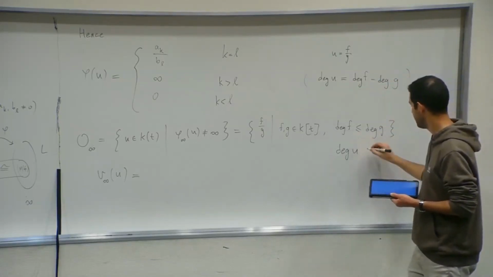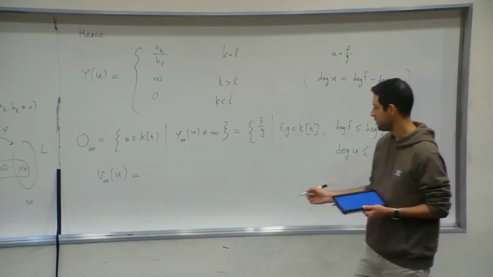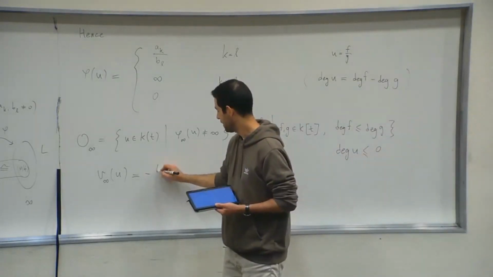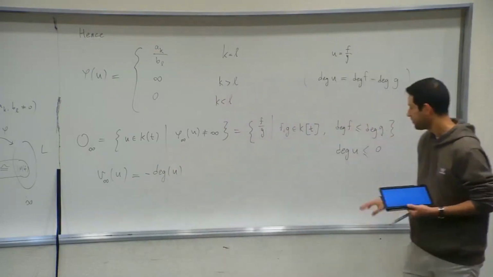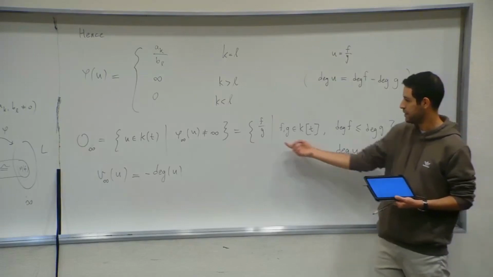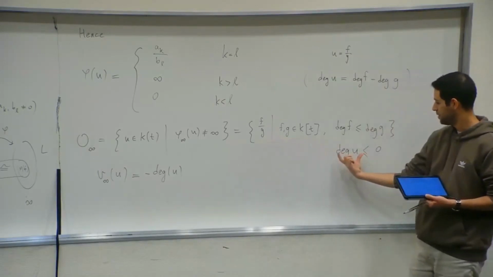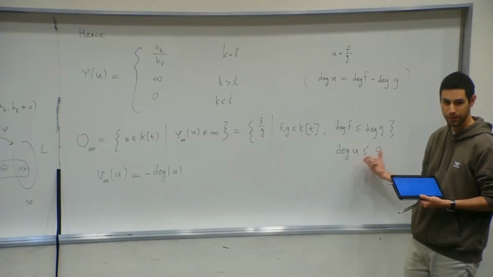And the valuation is minus deg U. So an element is in O infinity if its valuation is greater than or equal to 0.